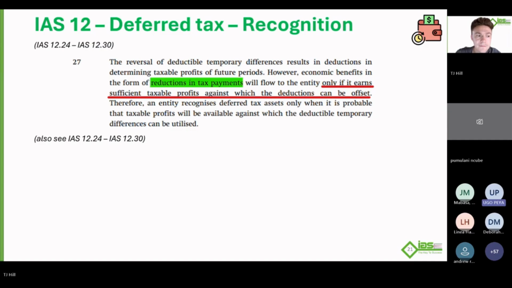Hi sir, sorry to jump in, but I just want to ask what the factors were that would hinder the probability of the entity having taxable income. That is a very, very good question. The standard writes quite a couple of paragraphs on what may make it more probable and less probable. We will not test that because that is a little bit more tough, but there are quite a few things you could think about: budgets, you could look at your profit history.